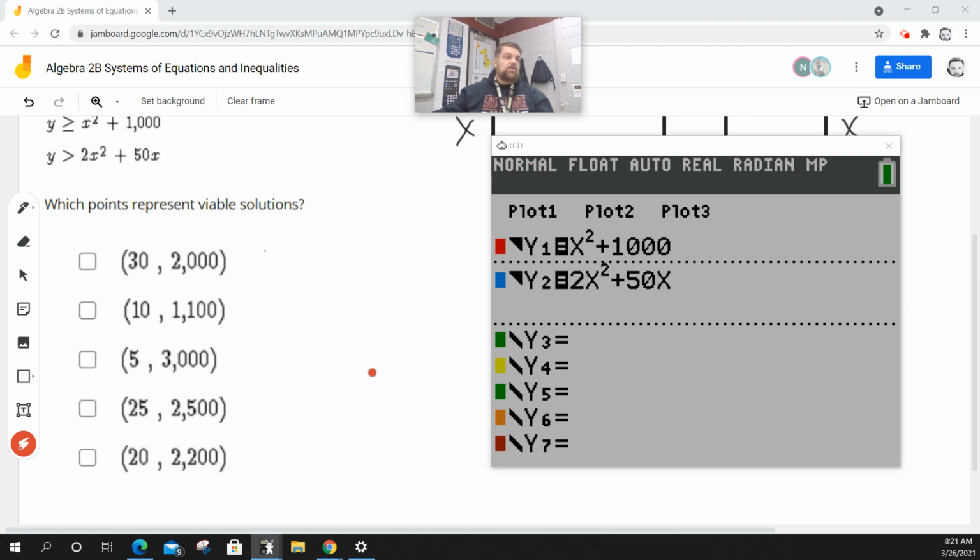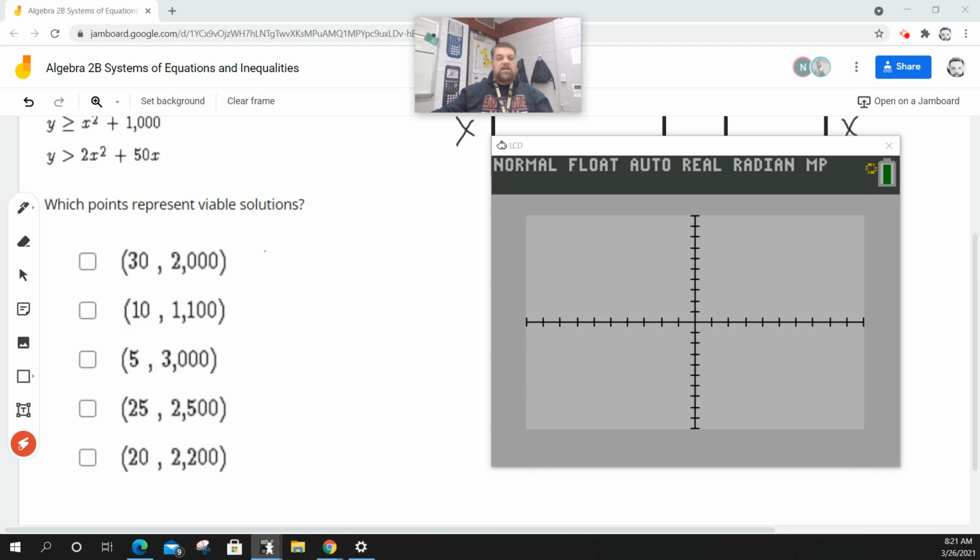Okay, so there's that. Or actually, this is the area of the rectangle. So now when I hit graph, I'll probably have to zoom out quite a bit actually. I need to figure out if these answers are in the shaded region. Okay, because if they are, then they're solutions, right?